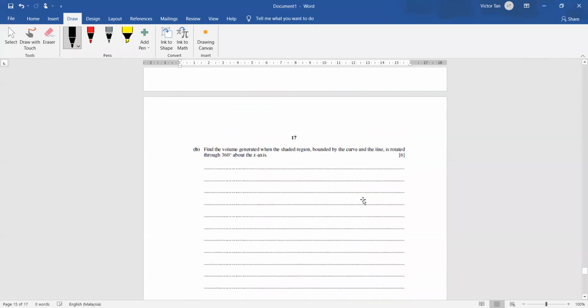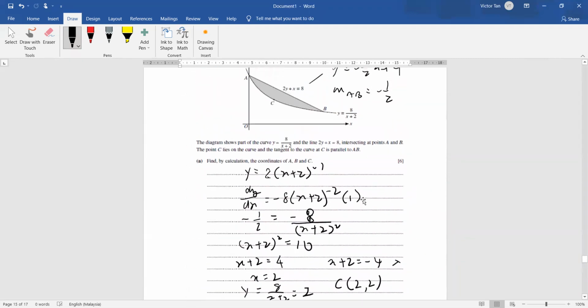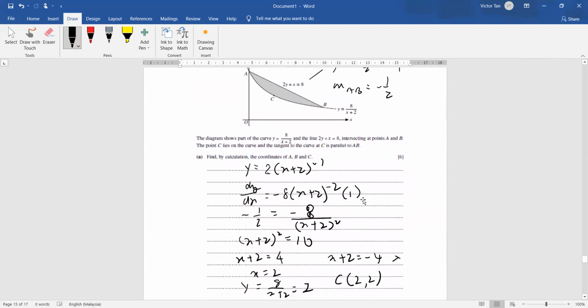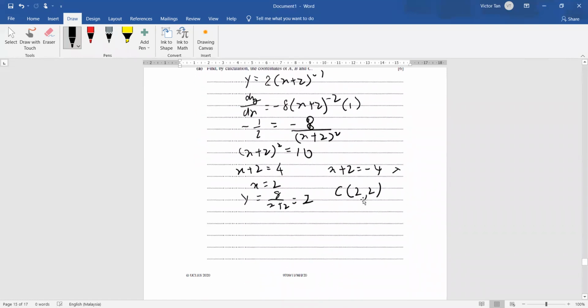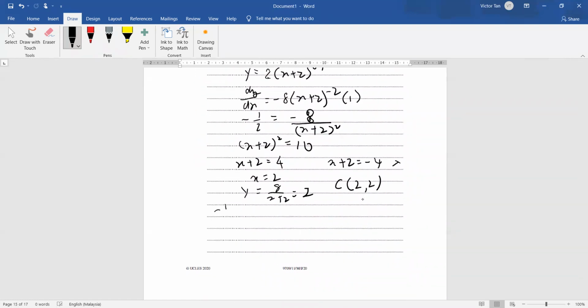Now, A and B, you need to solve simultaneously. Minus half x plus 4 equals 8 over (x plus 2).